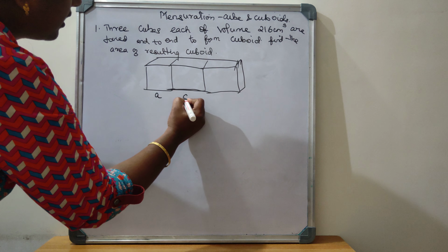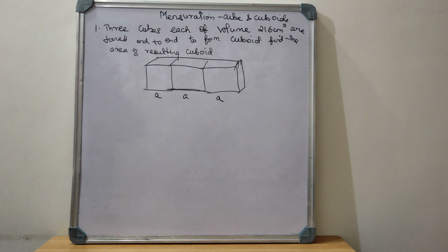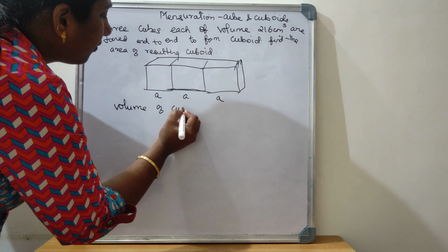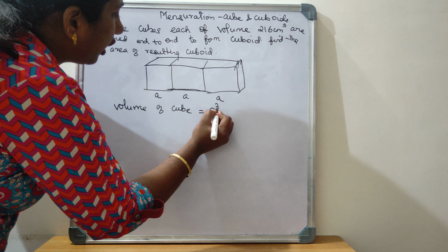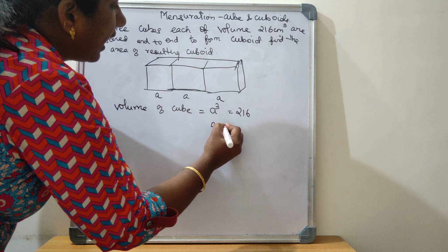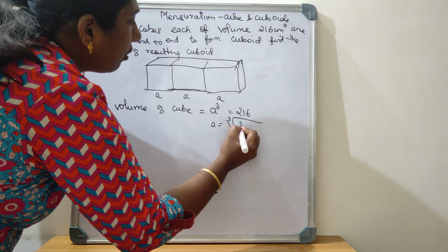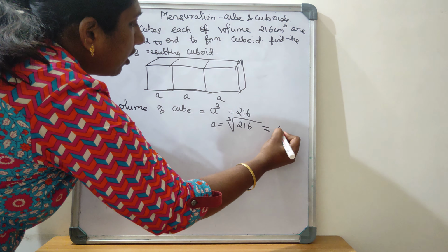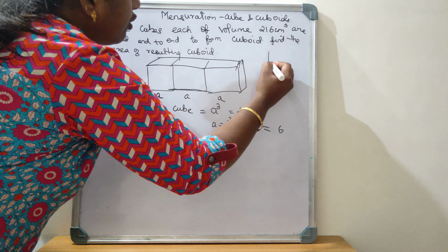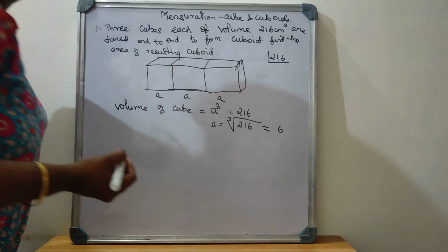So if this is A, this is A, this is A, all the sides are equal, so everything we are considering as A. First we have to find the value of A. Volume of cube is nothing but A cube, and they have given 216. So A equal to cube root of 216, that equals 6.